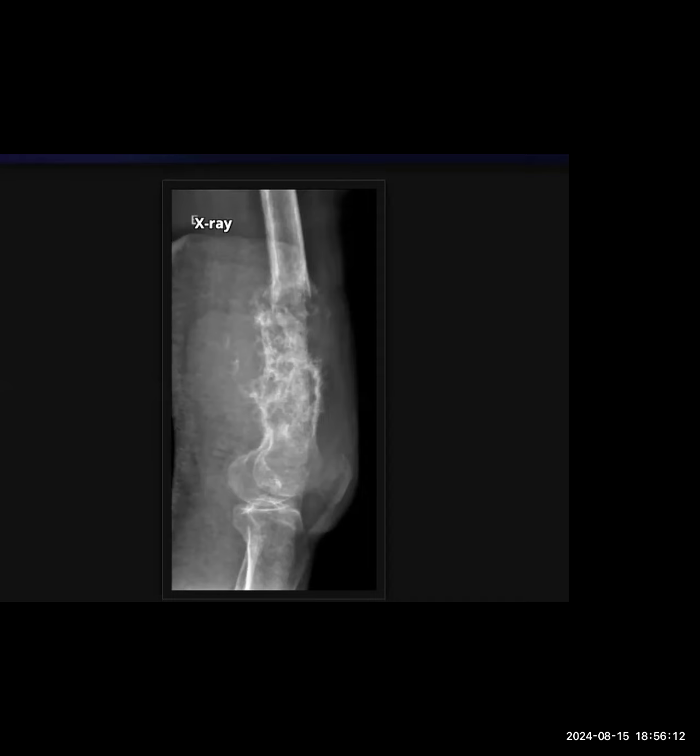So my possibilities for this lesion in a skeletally mature patient would be, first, a primary bone tumor like an osteosarcoma or a chondrosarcoma. Secondly, I would like to consider the possibility of a metastatic lesion, though that would be lower on my differentials.